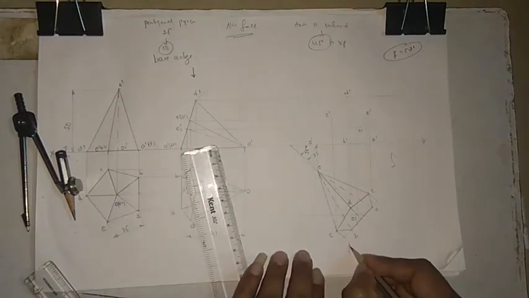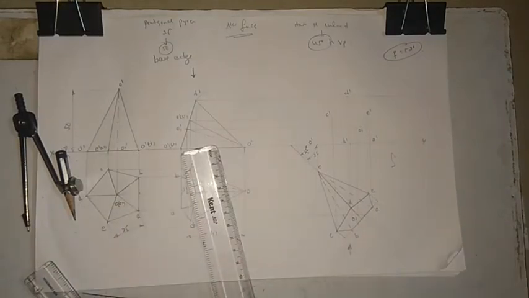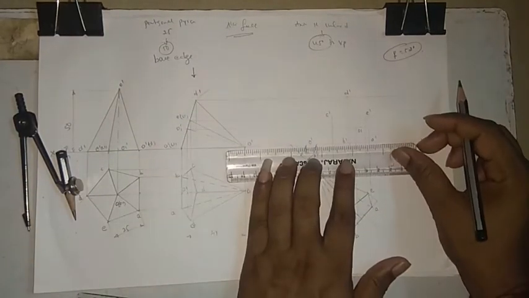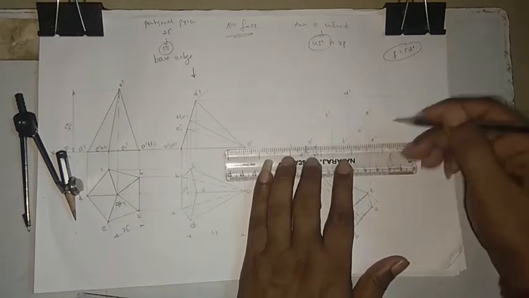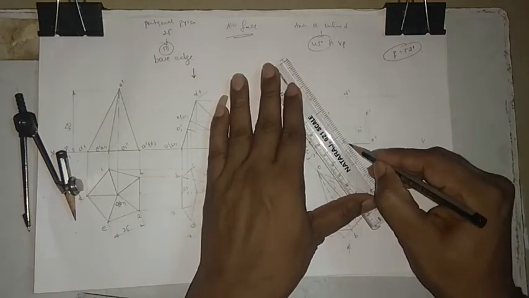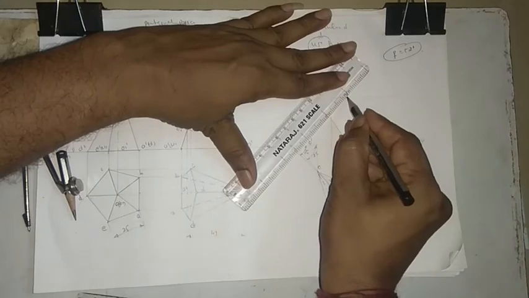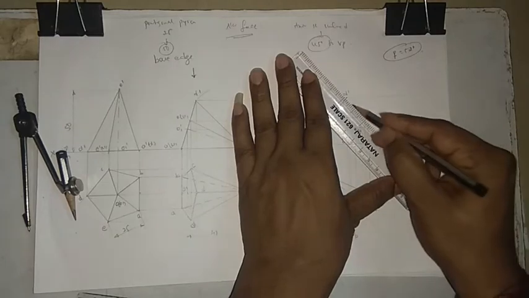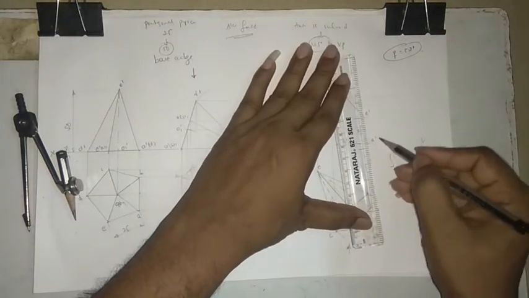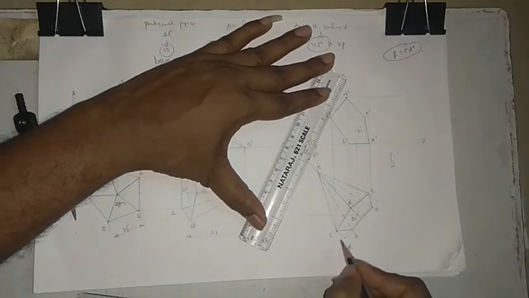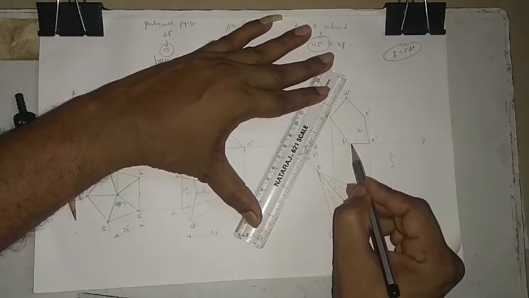Now when you are seeing from here, the whole pentagon is visible. Now we'll mark AB, B to C, C to D, D to E, then D to K. Now from O to the C, because when you are seeing from here, C, B is visible, so B anyhow we have already done.